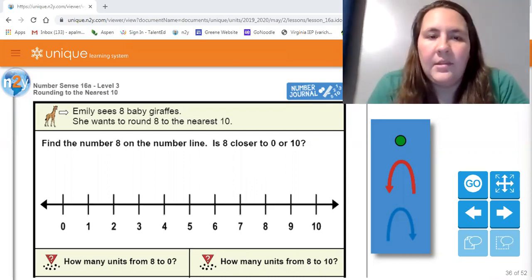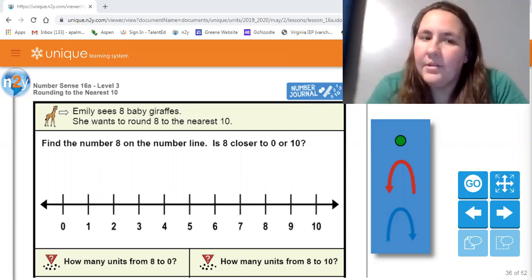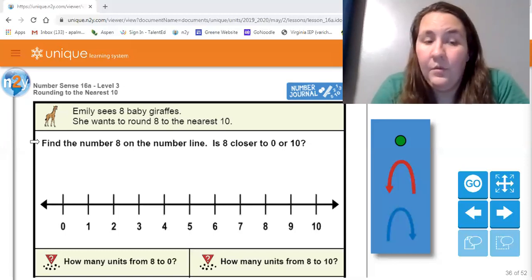So Emily sees 8 baby giraffes. She wants to round 8 to the nearest 10. So it gives us a reminder of what we're supposed to do. It says find the number 8 on the number line. So the first thing I want to do is take my green dot here and put it on the number 8 on our number line.